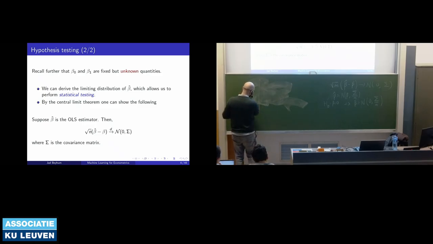Now, let's say this is a normal 0, sigma over n. That means that if you draw one point from this distribution, this gives you the probability mass that it is at different points. So that means that if H0 is correct, it's much more likely that beta hat is in this area than that it is here or here.